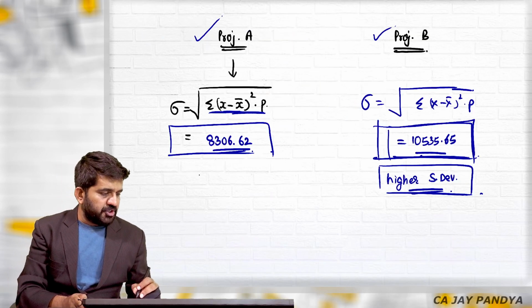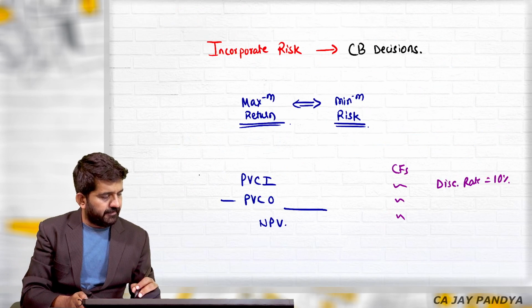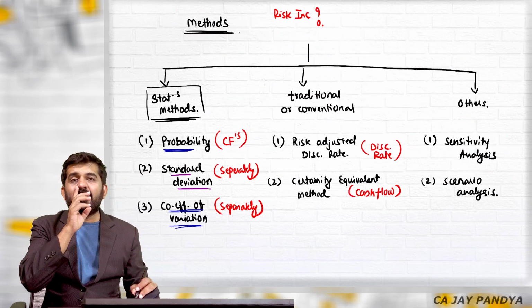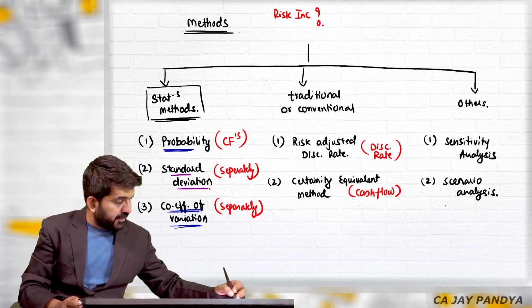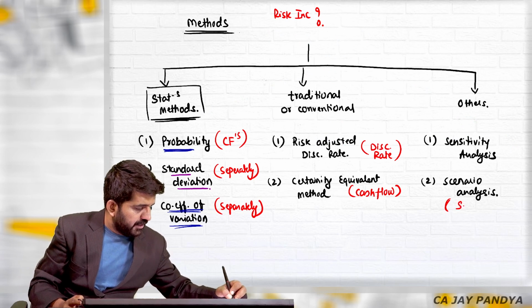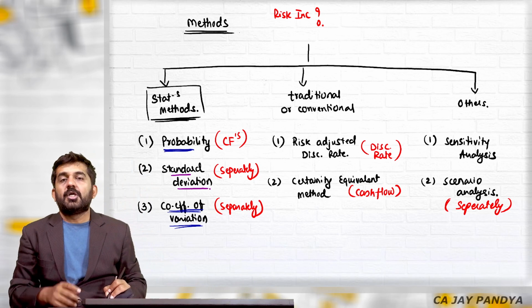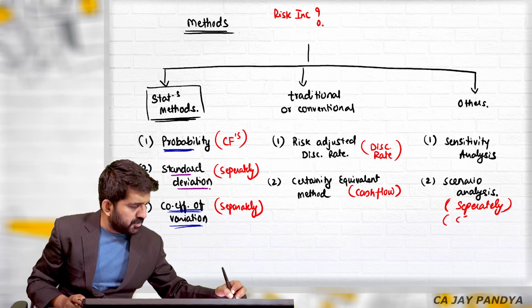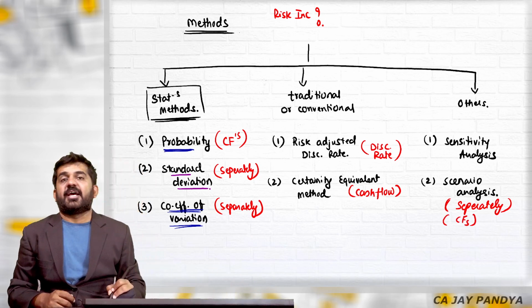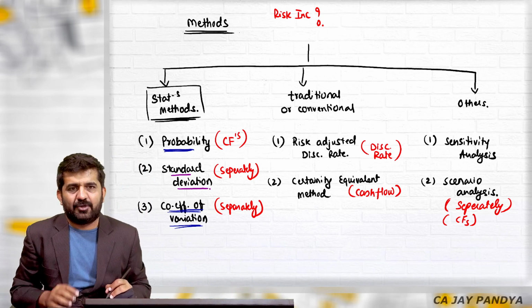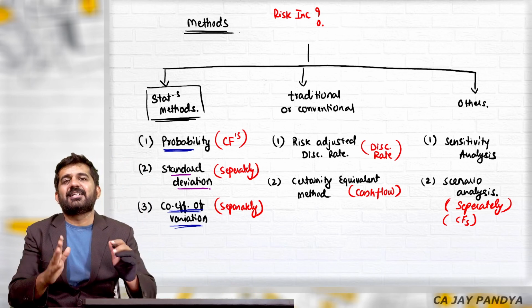The difficult question is over here. Let me answer it. Where is the risk incorporated in scenario analysis? It is found out separately. You can also argue, sir, we are adjusting it in cash flows. Then also the answer is correct. No one will ask you where exactly the risk is incorporated.